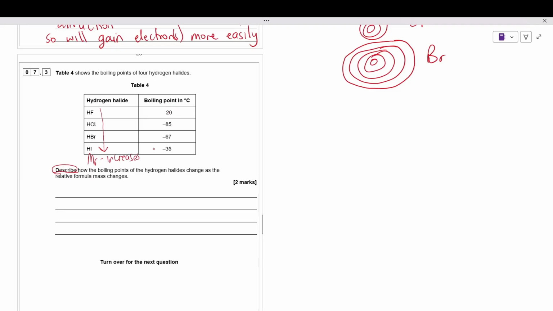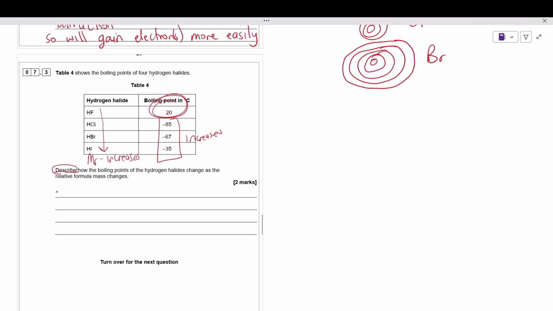Now let's look at what happens to the trend in boiling point. We can see the general trend is that it increases as well, with an exception of fluorine, which does not conform to that trend.